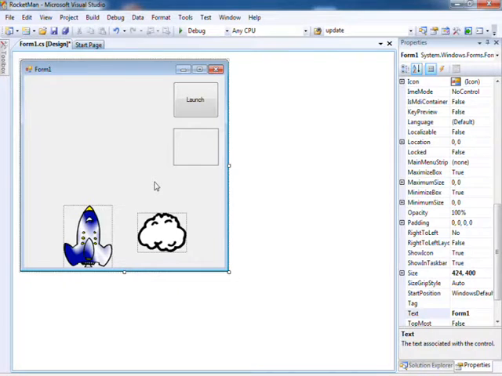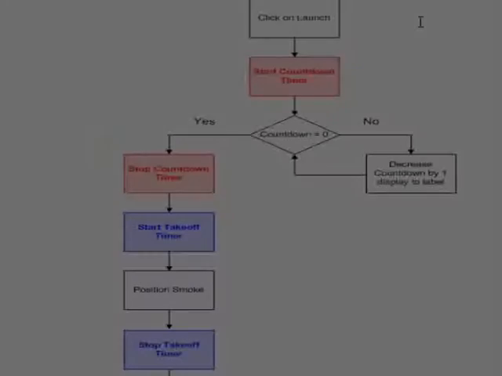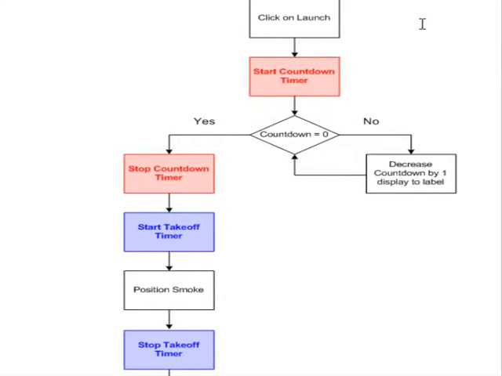We need to place 3 timers, but it would be opportune at this moment to have a look at exactly how the timers work and how the code hangs together. It's all based on these 3 timers. This flow diagram demonstrates how the timers are used to control the Rocket Man program.